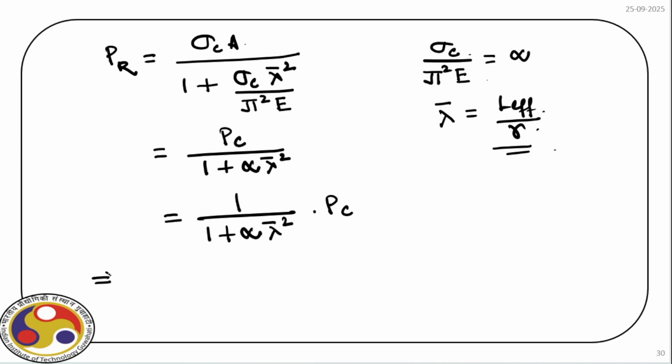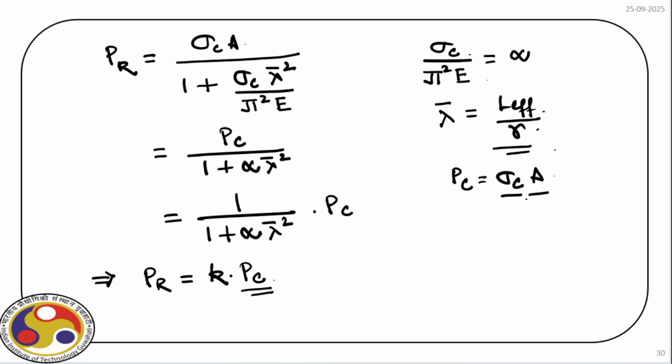So effectively what we get, Rankine's critical load PR is equal to some constant times Pc. So that is the crushing load acting on a column. So Pc is equal to sigma c, that depends on the material, times the cross-sectional area.